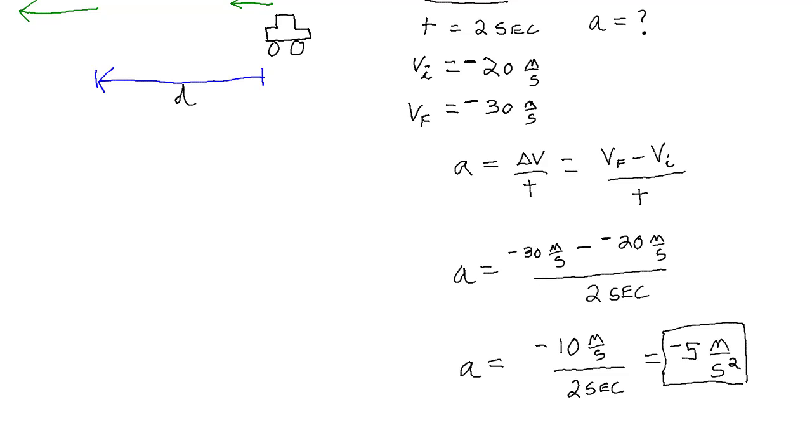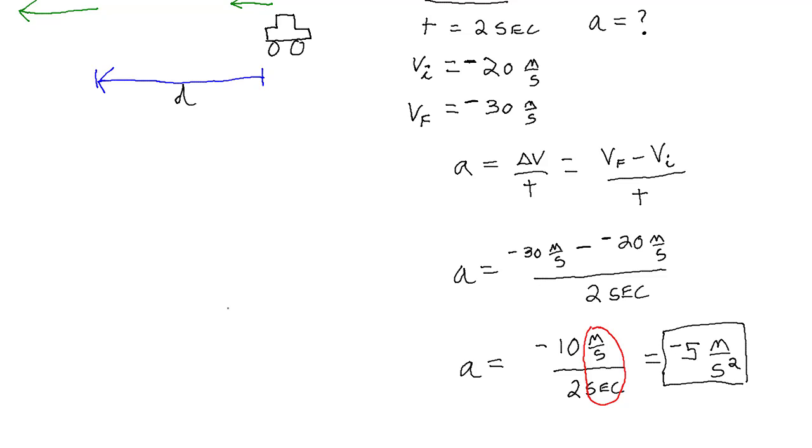Well, first of all, let's figure out where I got the meters per second squared from. Let's think about the units for a second. So I'm going to come over here and think about the units in my equation. I'm going to circle these. We're going to kind of ignore the numbers for a second here.